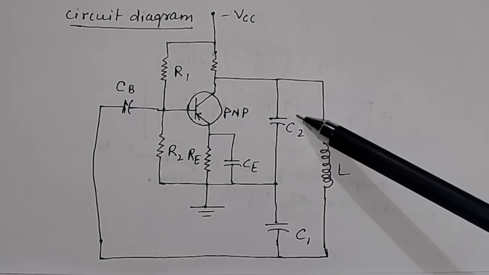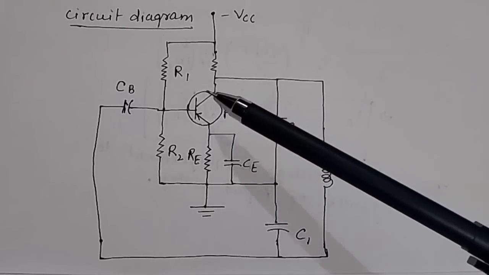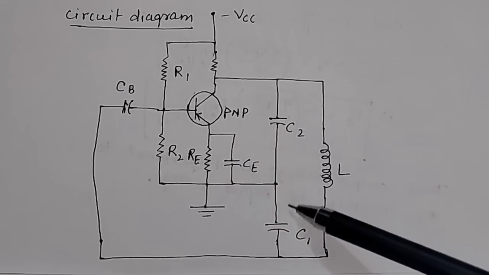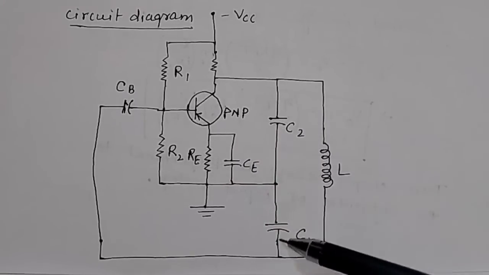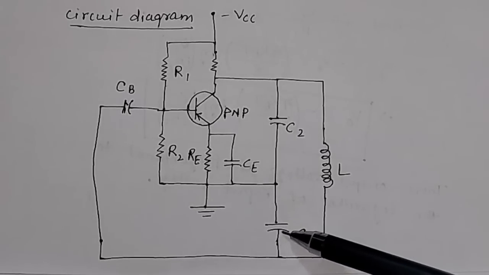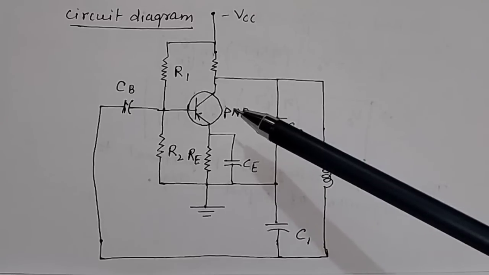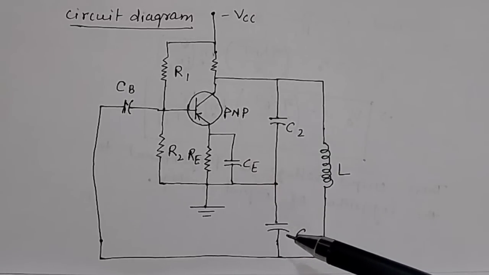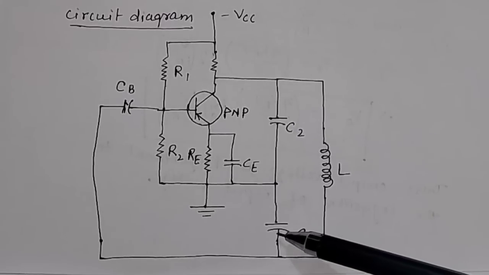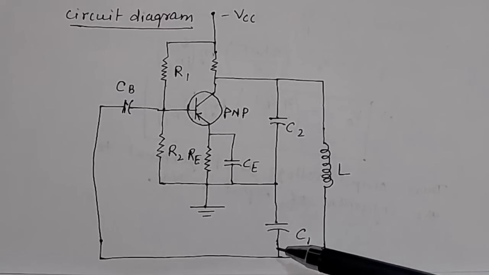So you have 180 degrees phase shift due to the transistor, and again 180 degrees phase shift due to the capacitors. When the two phase shifts are combined, the total phase shift is equal to 360 degrees or 0 degrees.